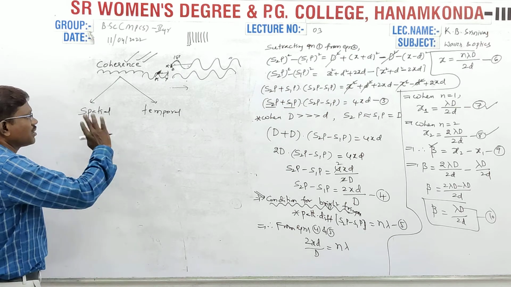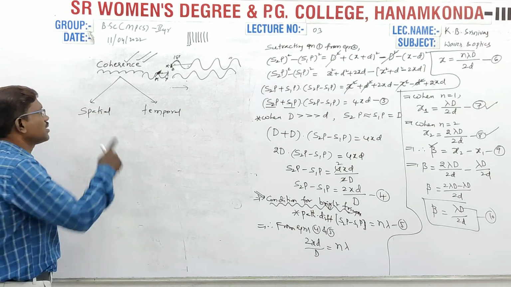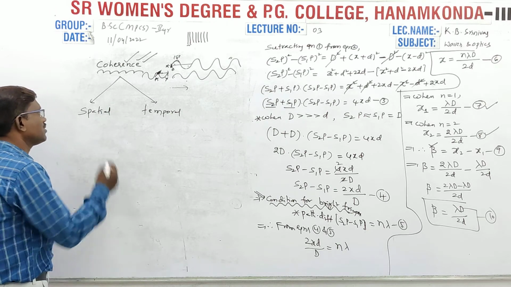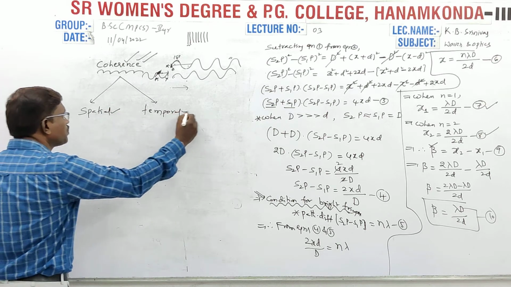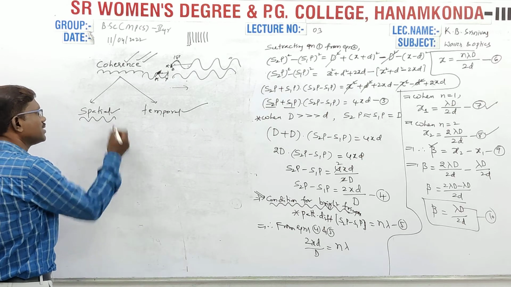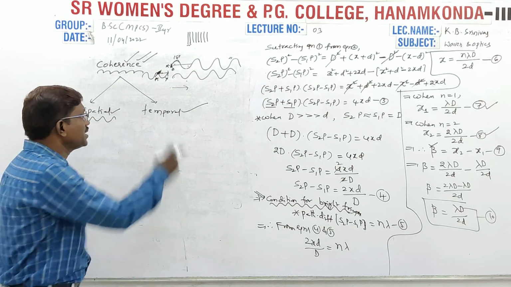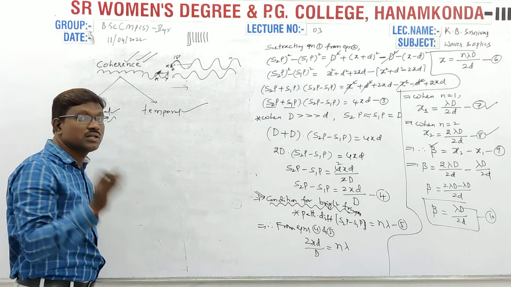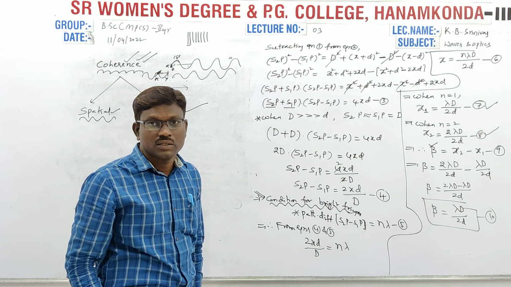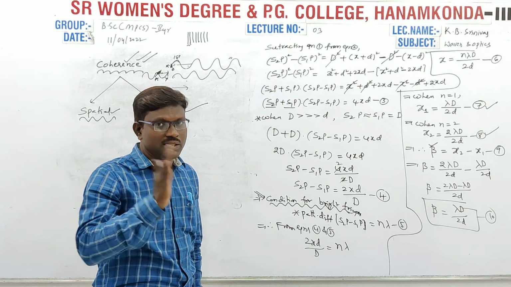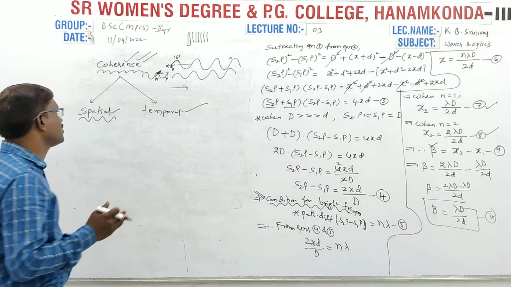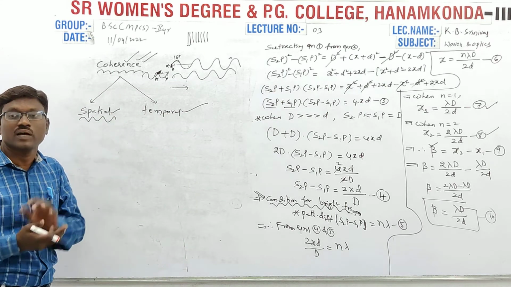And depending on that phase, coherence is classified into two types: spatial coherence and temporal coherence. What is spatial coherence? When phase difference between the two waves does not change with respect to time. When the phase is not changing with respect to time, that type of coherence is known as what? Spatial coherence.